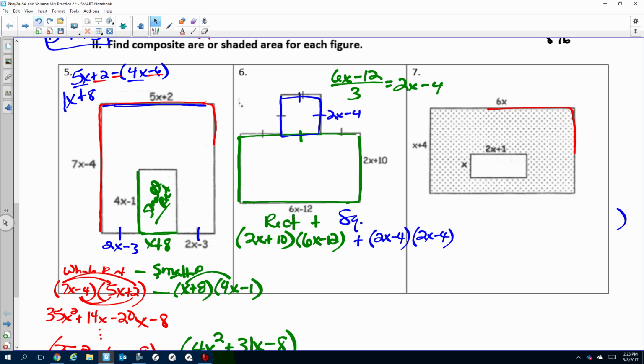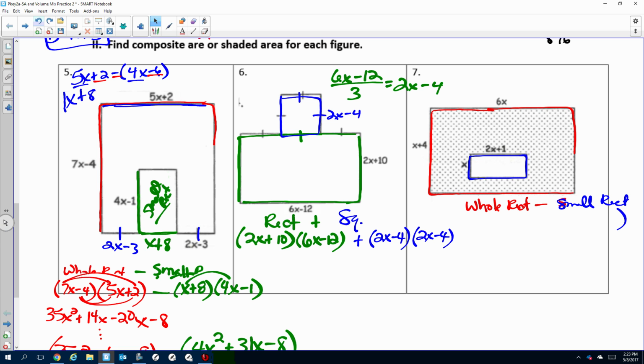And then for number 7, because it's shaded, that means we're taking this rectangle piece out of the whole rectangle here. So if I take the whole rectangle minus the small rectangle, the blue rectangle, that would give me just the shaded area.